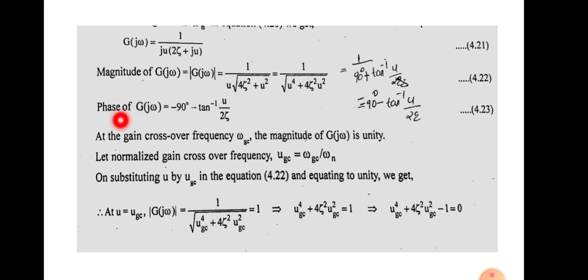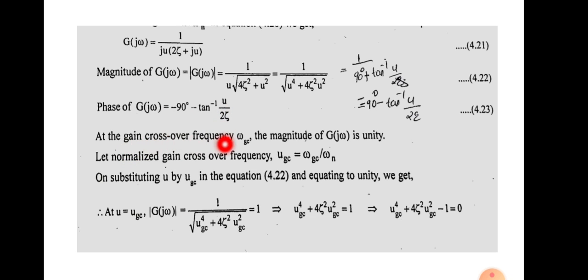So the phase angle of g of j omega will become, here at the numerator side the phase angle is 0 degree, 0 degree minus the phase angle of ju, which is 90 degree, minus the phase angle of this term, which is tan inverse u by 2 epsilon. So we will get the equation of phase angle as minus 90 degree minus tan inverse u by 2 epsilon.